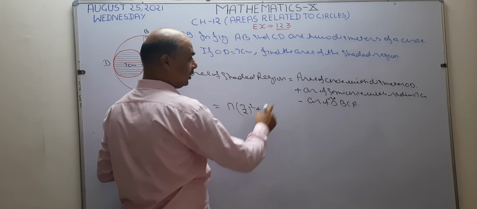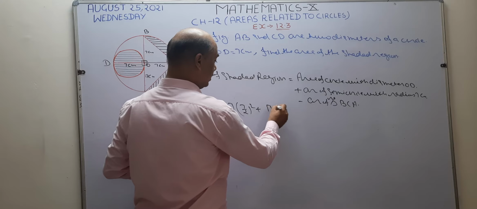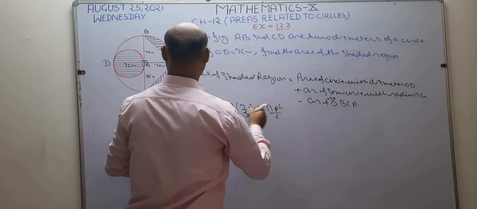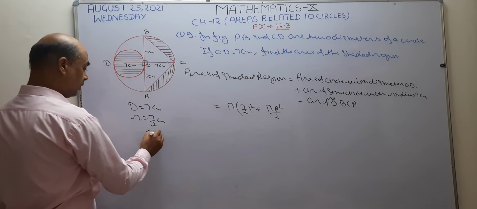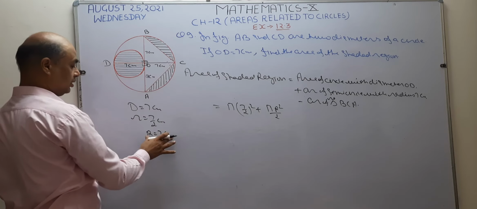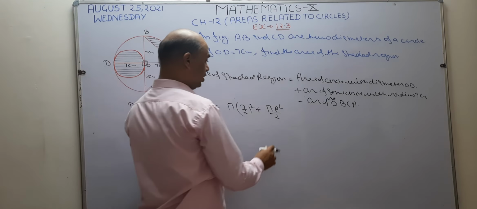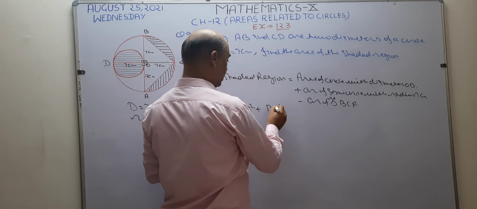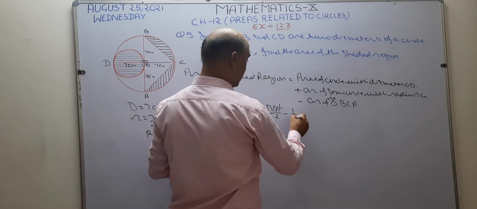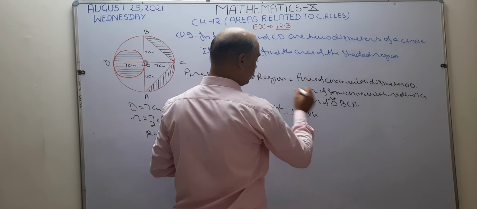Now the next one is pi capital R squared by 2 because the semicircle is there. The radius is given, so capital R becomes 7 centimeter. So instead of R, I write 7 centimeter. After that, minus 1/2 base into height, I use this formula.